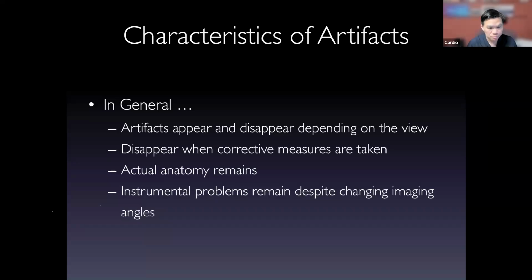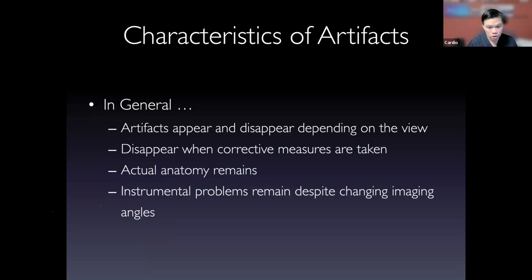Now, after you change the view and do all the corrective measures by changing the gain or PRF, if the actual anatomy still remains, okay, then it's real, it's there. If it's not real, then you can get rid of it or see it another way.